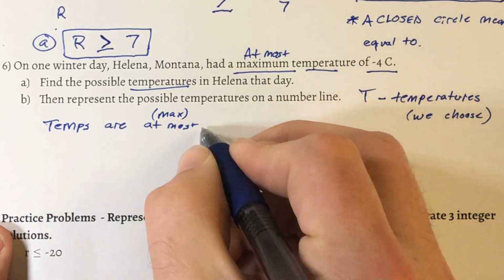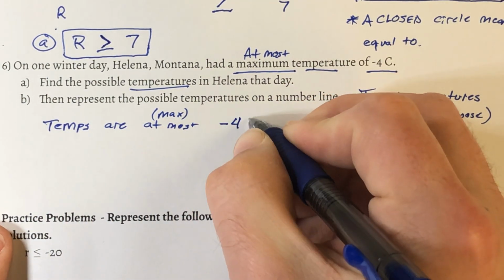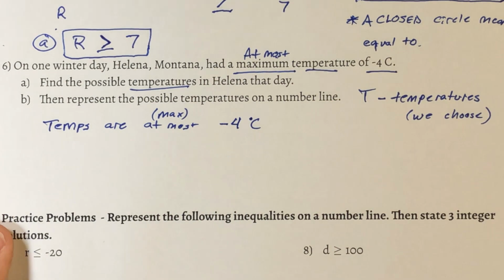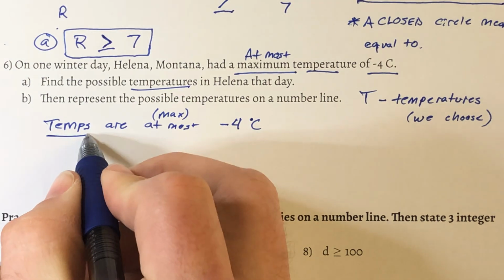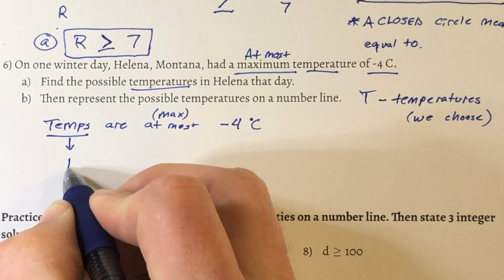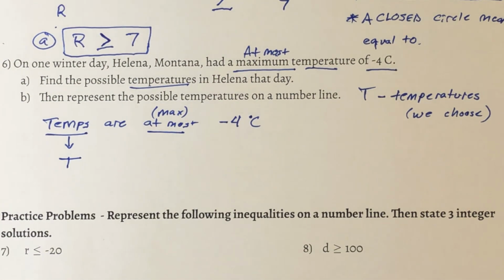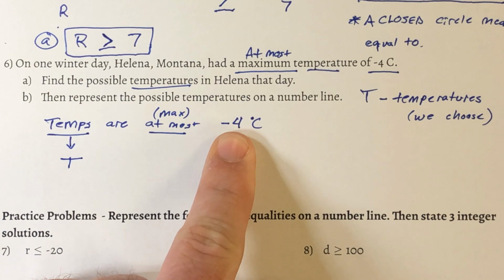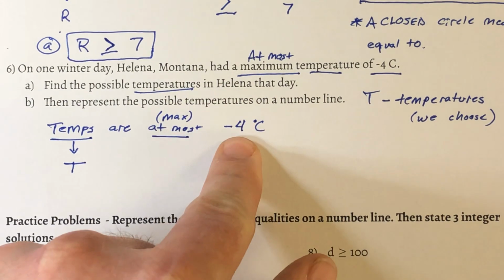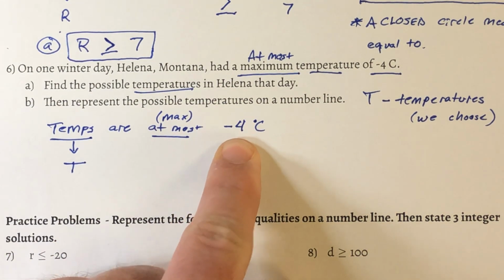So the temps are at most -4 degrees Celsius. All right, we're going to translate that into our inequality. So the temperatures we said is going to be T. At most, meaning it cannot go past, but it could be equal to that. Like we're saying it could be -4, but it's not going to be more.